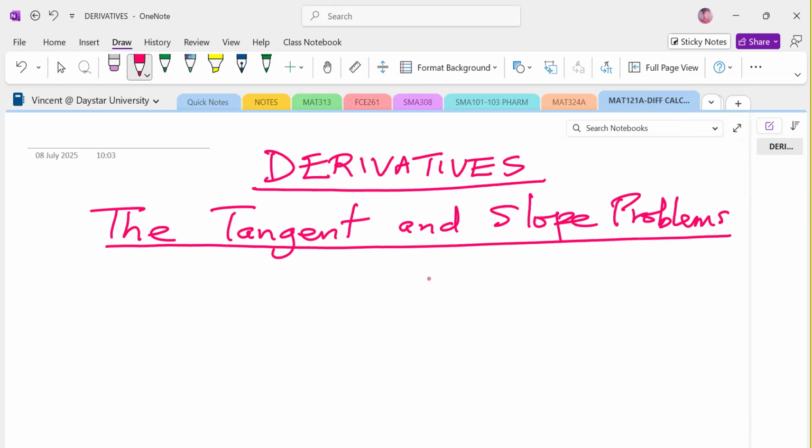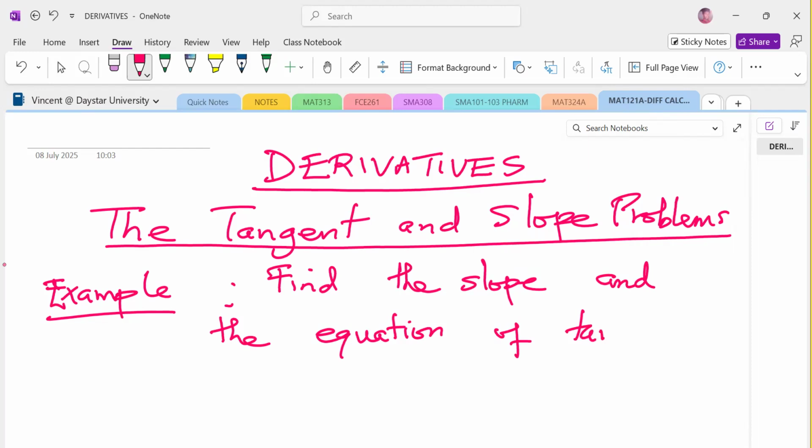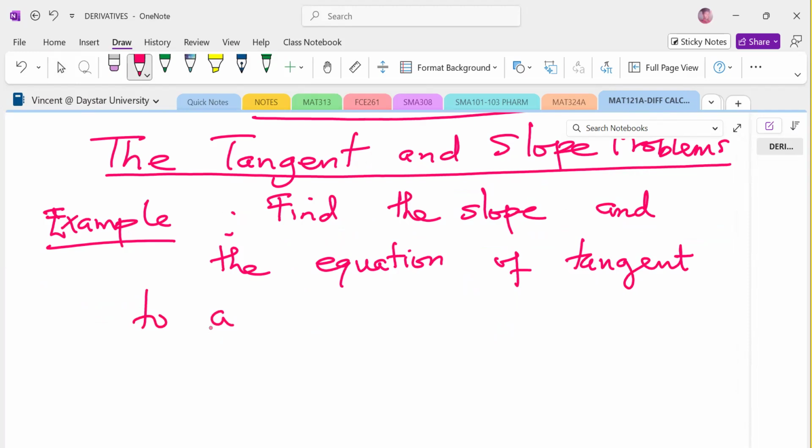So begin with the examples here. The first example: find the slope and the equation of the tangent to the curve y equals x squared at x equals 2.